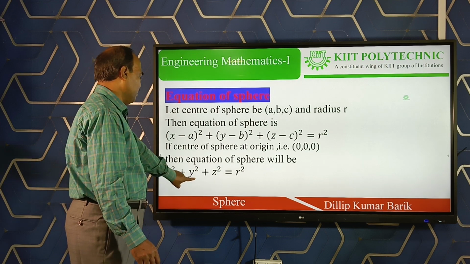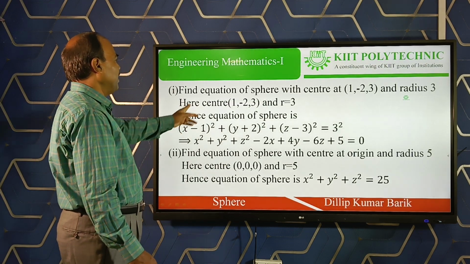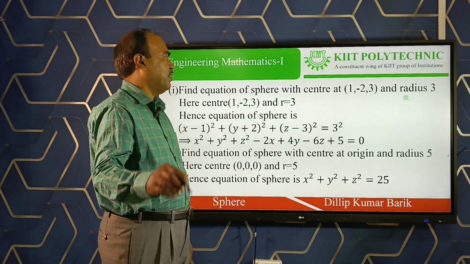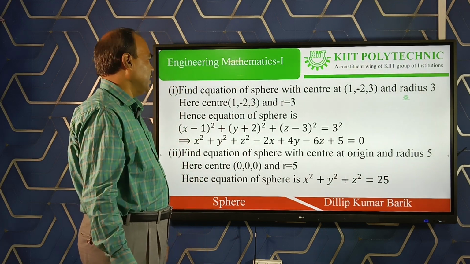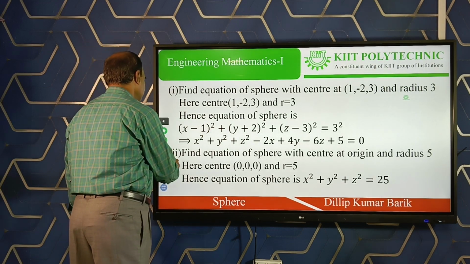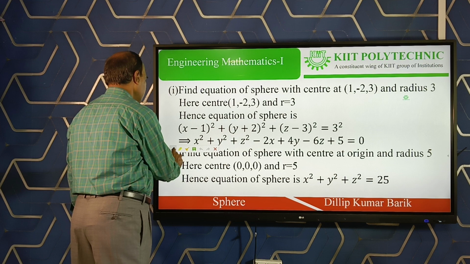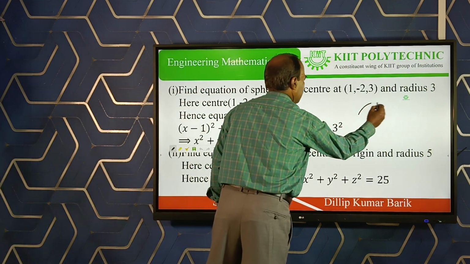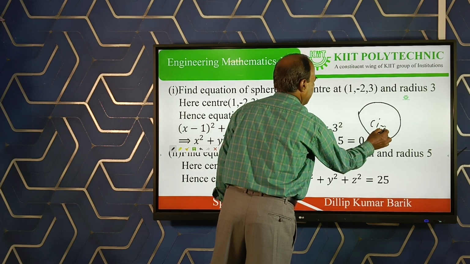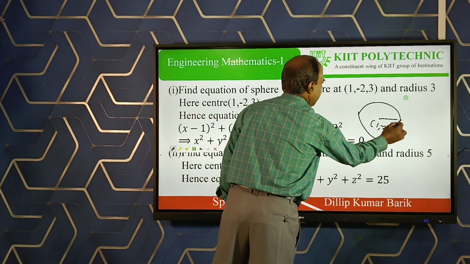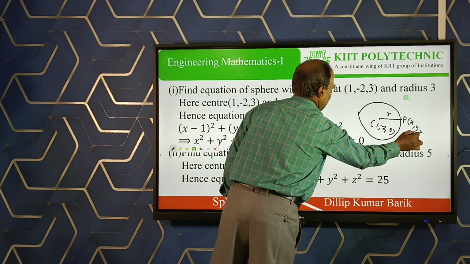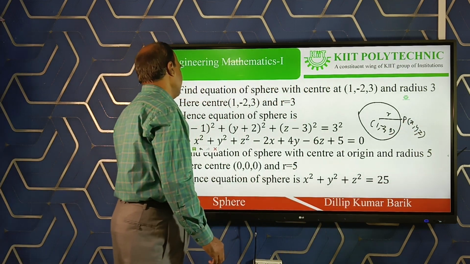Let us consider some examples. Find the equation of the sphere with center at the point 1, minus 2, 3 and radius 3. Taking the help of the diagram, this is the sphere with center at the point 1, minus 2, 3 and radius r, and the point P is any point on the sphere with coordinates x, y, z.